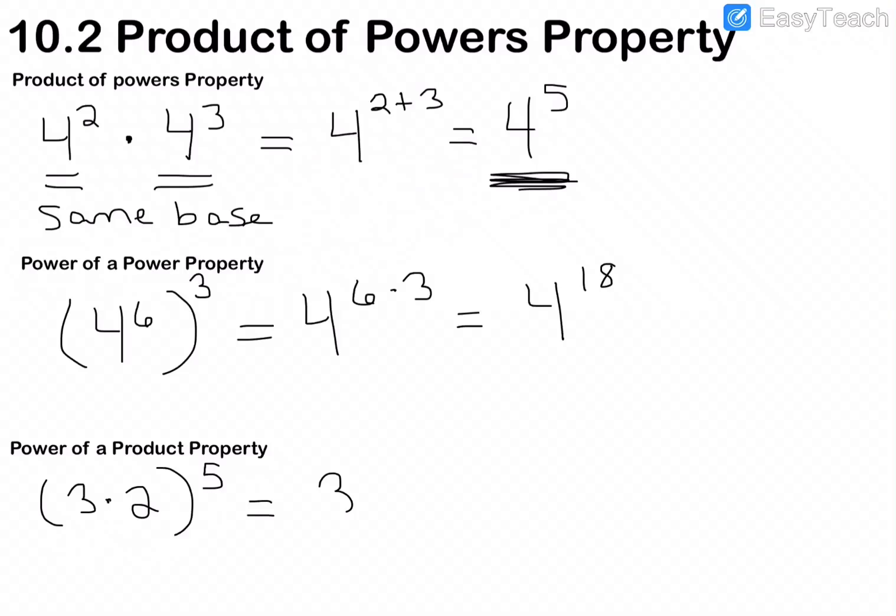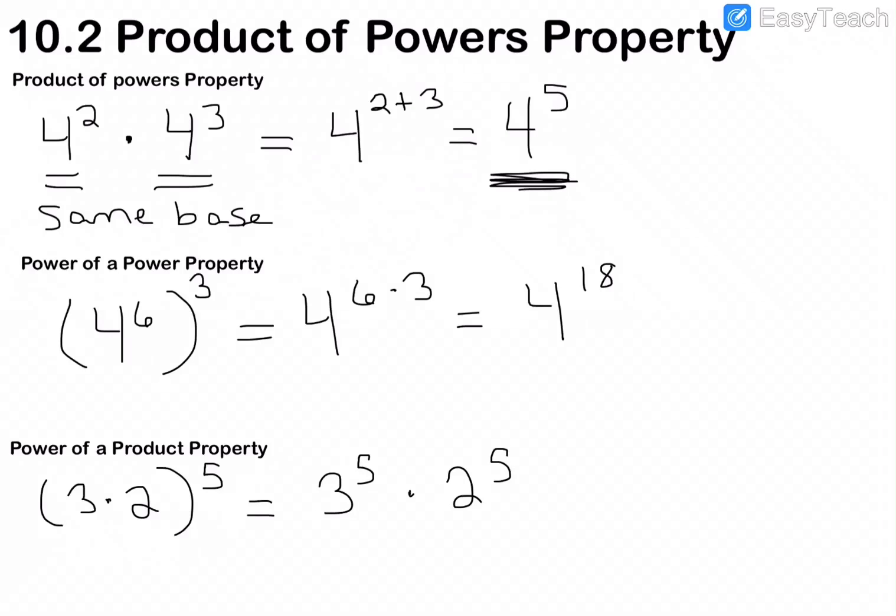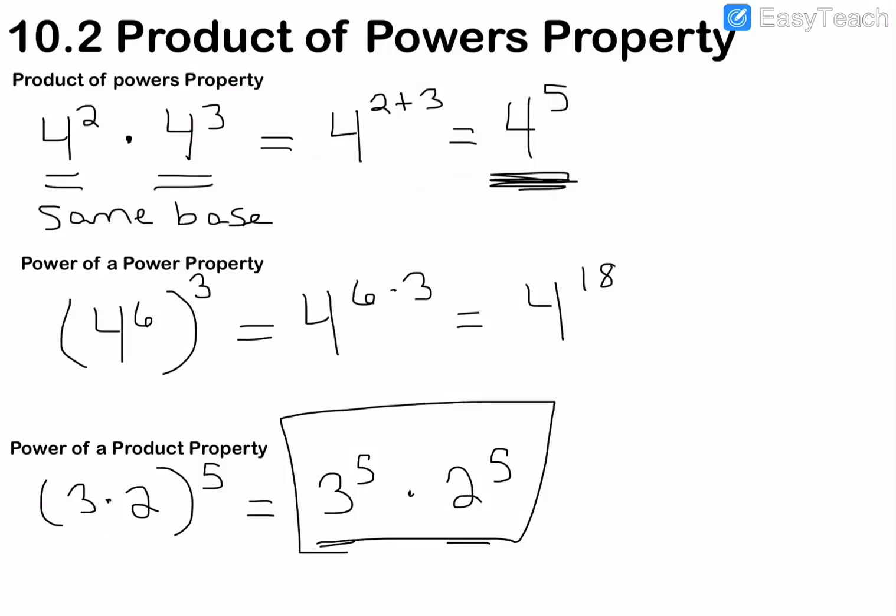So it's going to equal 3 to the 5th power times 2 to the 5th power. All I did was distribute that power into everything that's inside that parentheses. Now, that's as far as I can go. I cannot simplify that any further if I was asked to write that as a power, because these are not the same base. Okay, so this is the final answer for this one, unless, of course, it wants you to actually solve it.